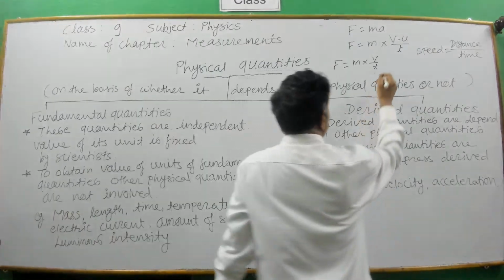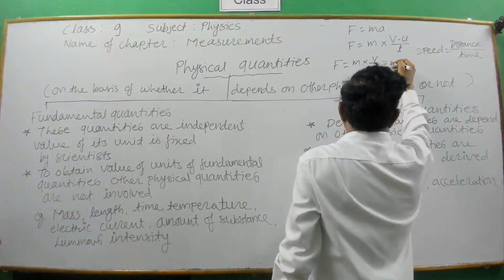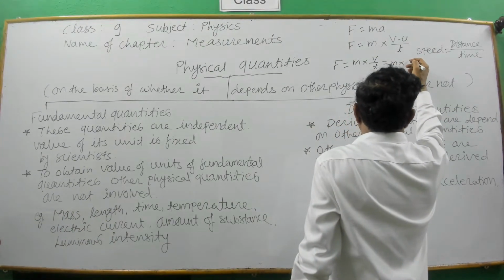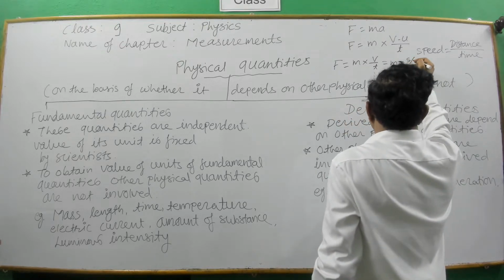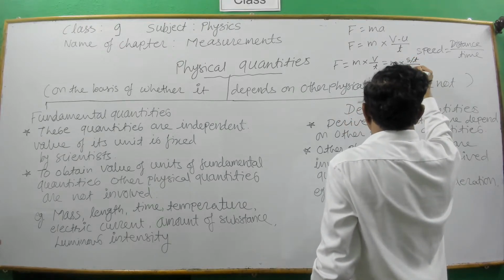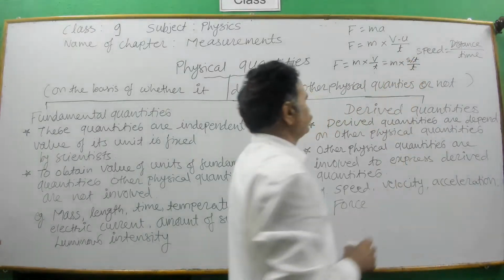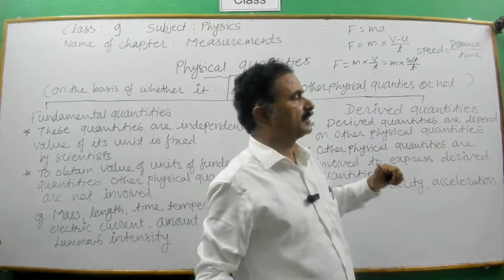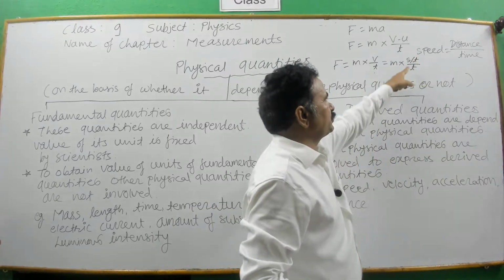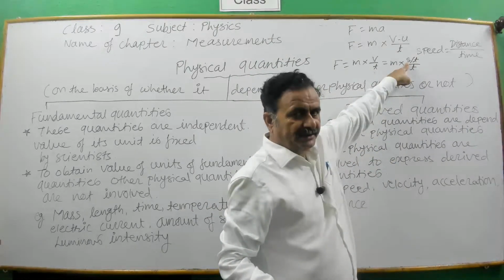Velocity is equal to what? Displacement divided by time. Displacement is denoted by the letter small s. Displacement is nothing but one type of length.